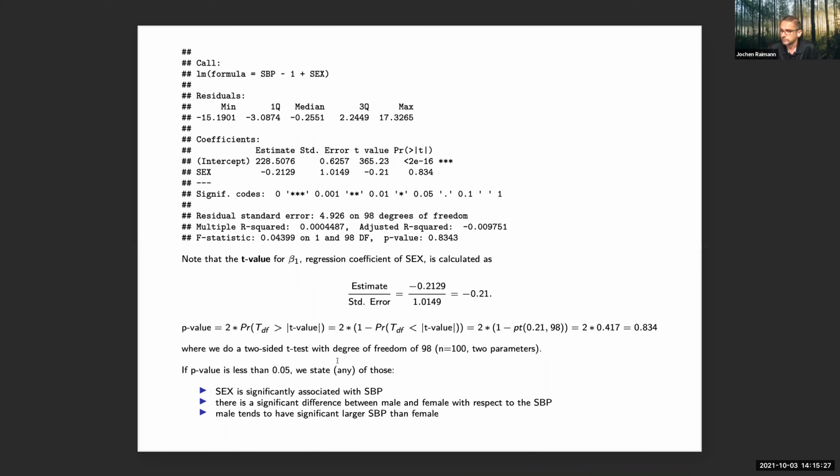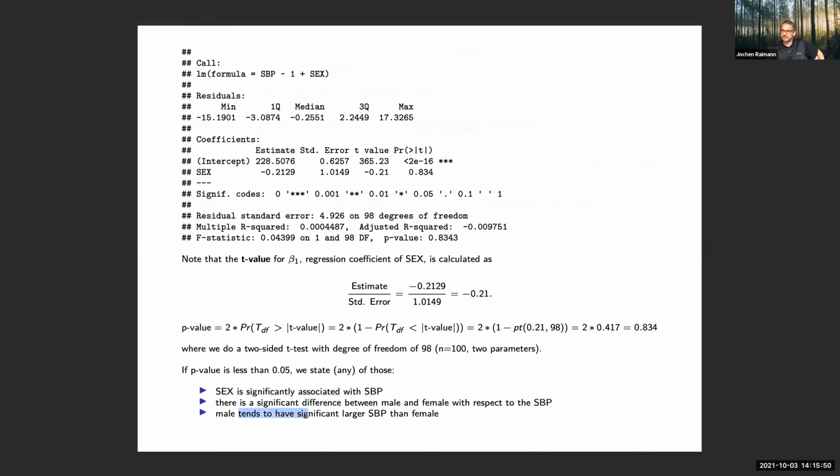Okay, n equals 100, two parameters. If the p-value were less than 5%, we would state that sex is significantly associated with SPP. Is that a valid statement? Yes. There's a significant difference between males and females with respect to SPP.